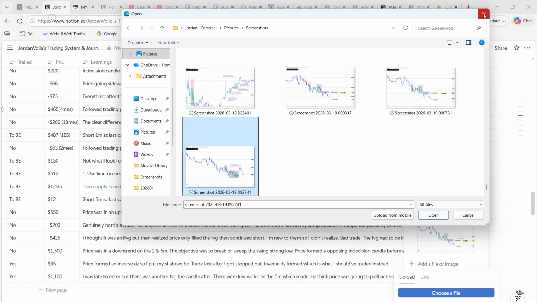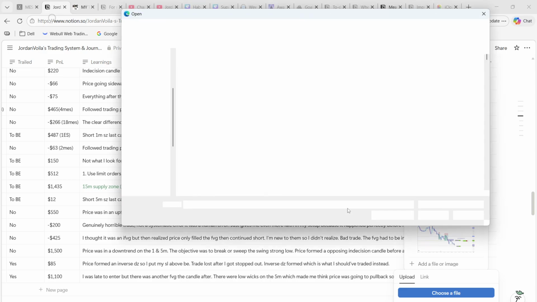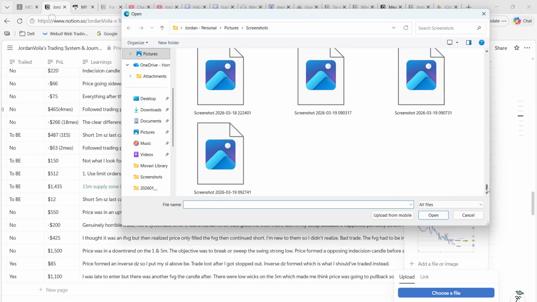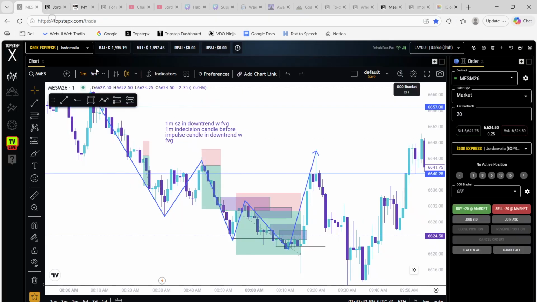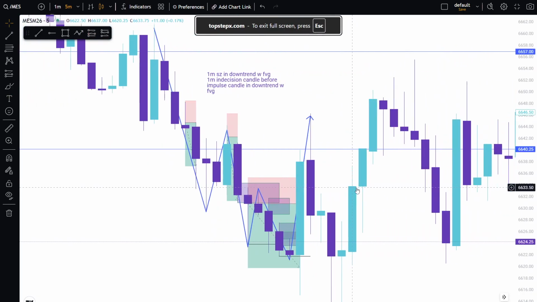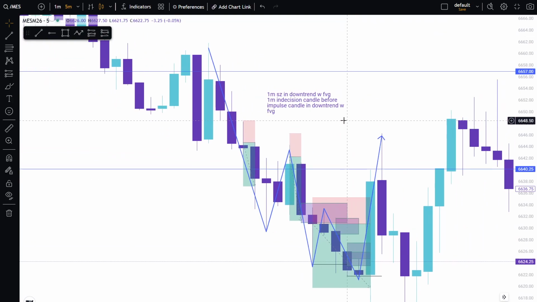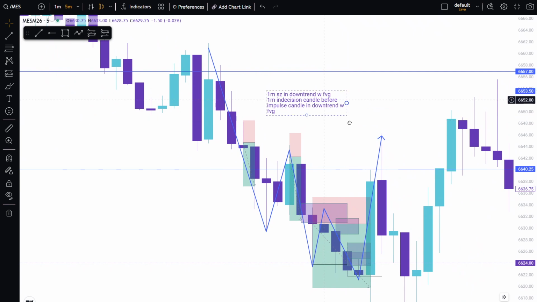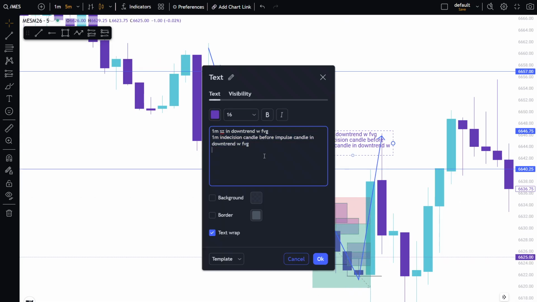Wait, no, that's not on the 5 minute. So I guess I never took the screenshot on the 5 minute. Alright, let's take the screenshot on the 5 minute time frame. 2.4 RR. 11 points.